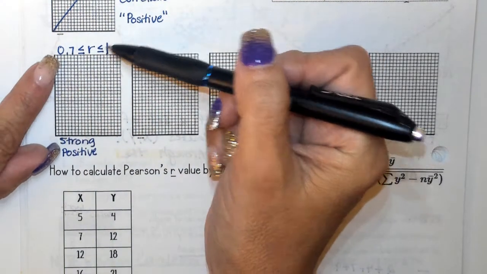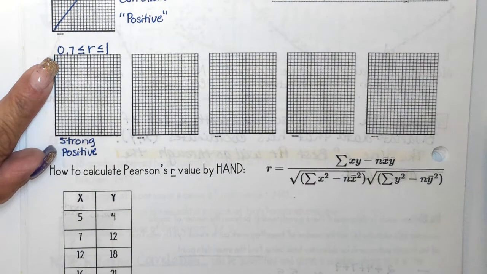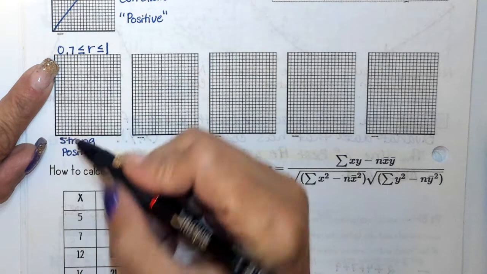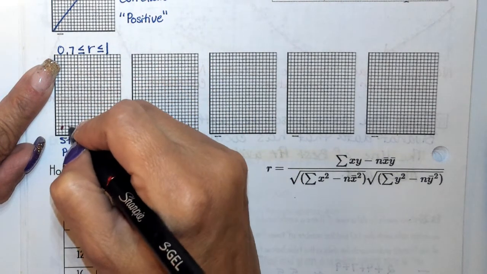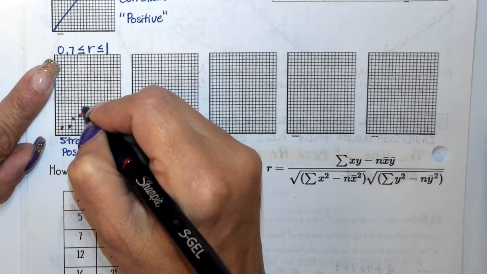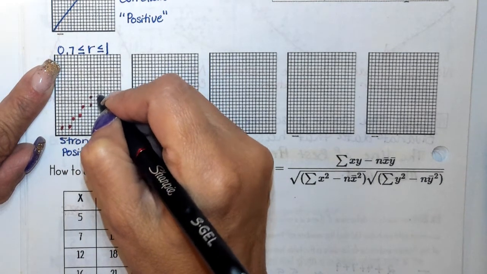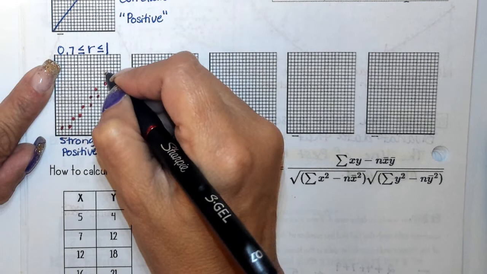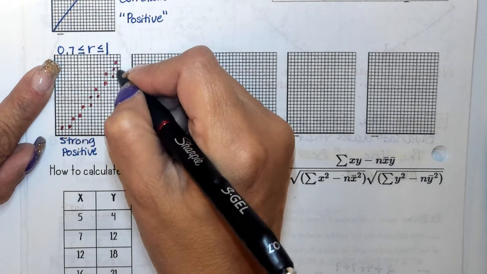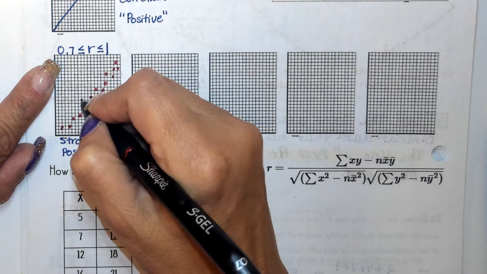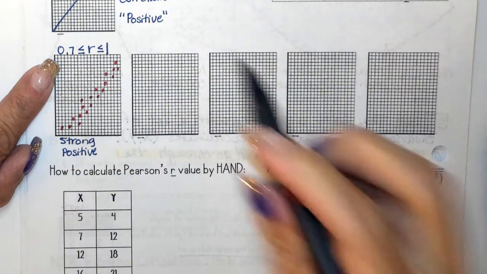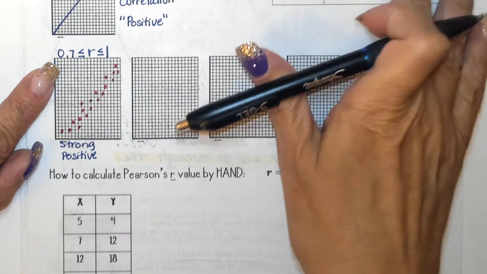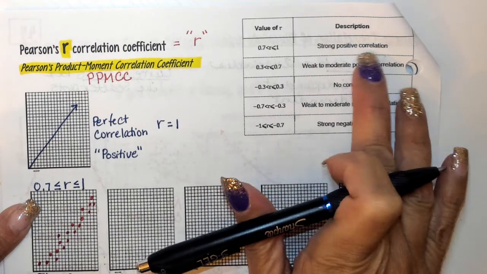So this is when you're at 0.7 all the way up to 1. I'm going to do these in red. It's a positive correlation because R is positive, and it might look something like this. You're going to be able to tell that it's going up in a positive fashion, and you notice that your dots are pretty close together, right? The dots are pretty close together. All right, so that was this one right here, strong positive.